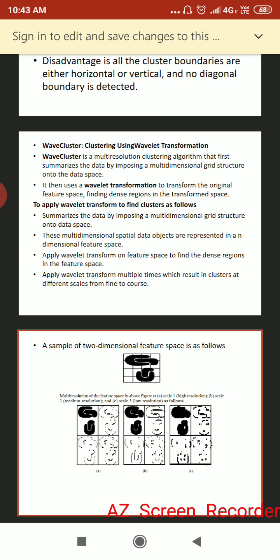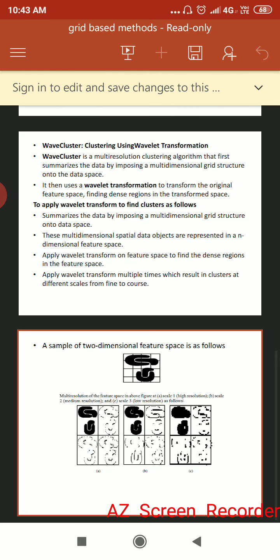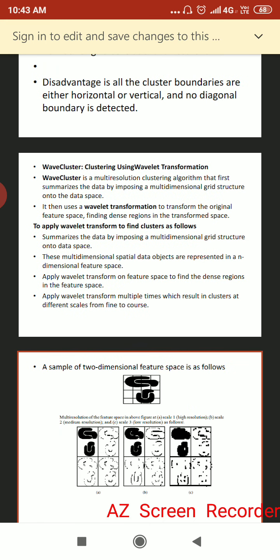Applying the wavelet transform multiple times results in clusters at different scales. See here, the first diagram is the high resolution, that is scale 1. Next is medium resolution, and the third is low resolution.